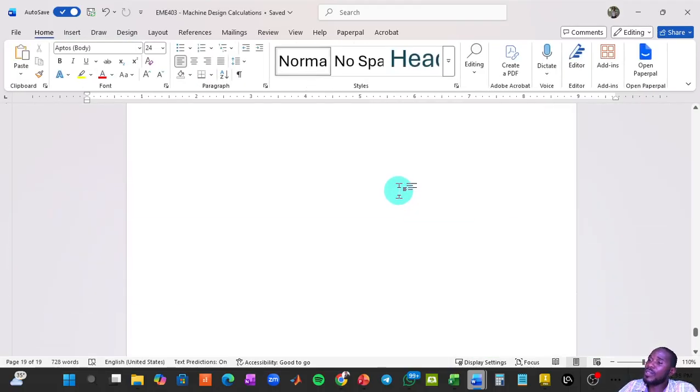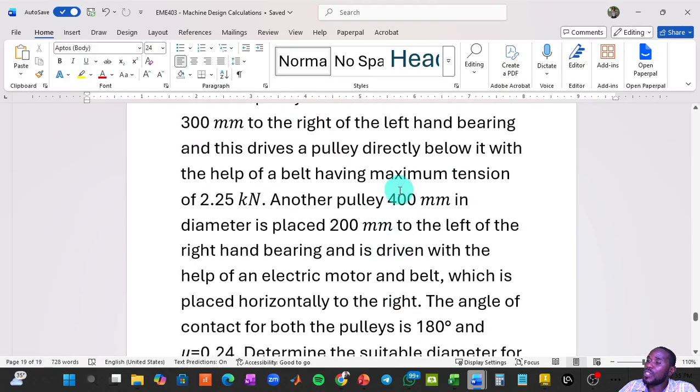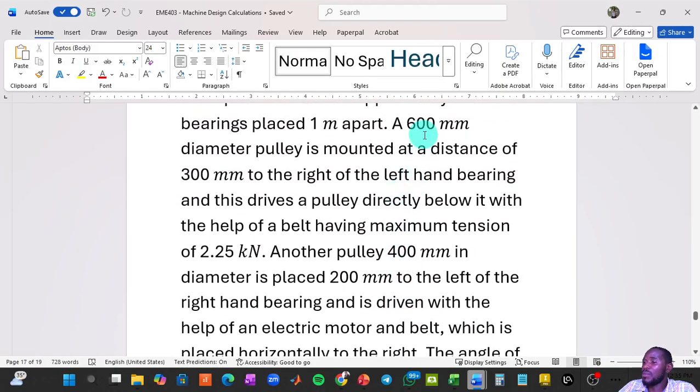So the question tells us that this pulley that is 600 millimeters drives a pulley directly below it with the help of a belt that has this maximum tension.